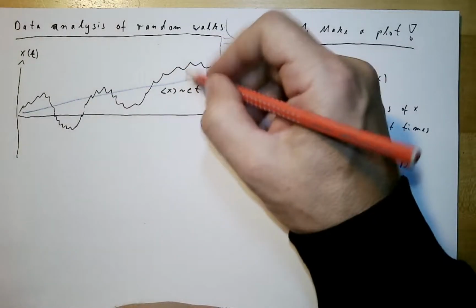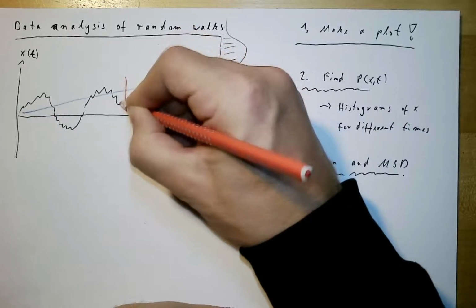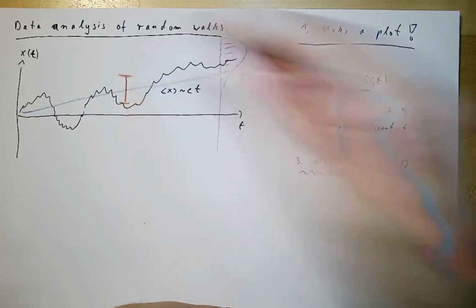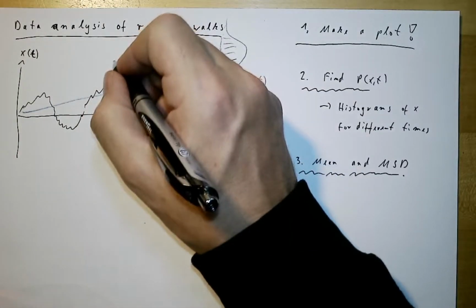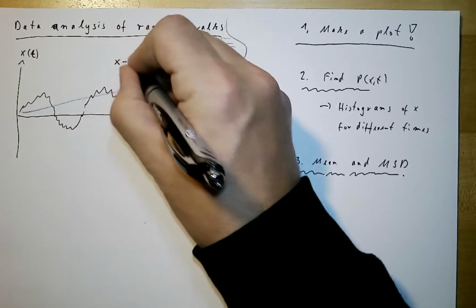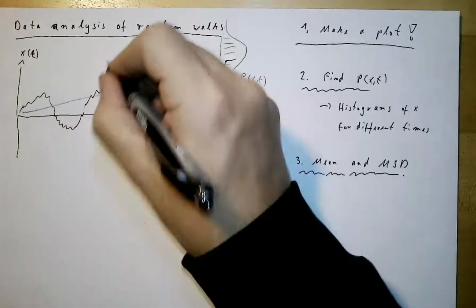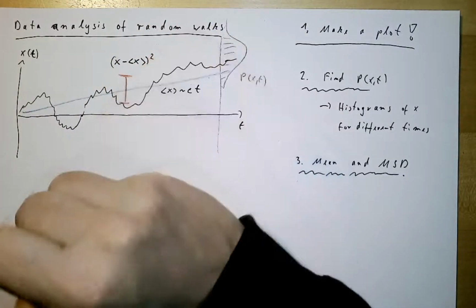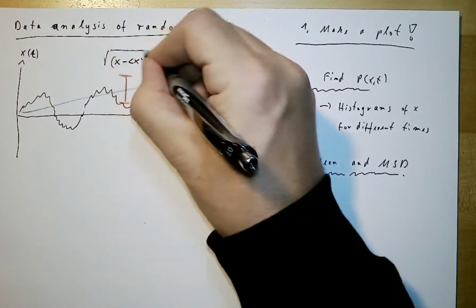And then of course we're interested in the standard deviation. So we're interested in the typical deviation of this. So we want to know what is the deviation of x minus the expectation value of x, this squared, the square root of this.